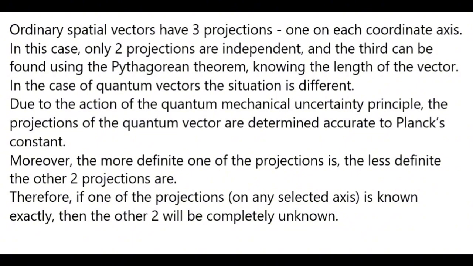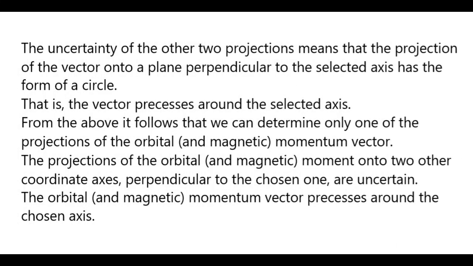Therefore, if one of the projections on any selected axis is known exactly, then the other 2 will be completely unknown. The uncertainty of the other 2 projections means that the projection of the vector onto a plane perpendicular to the selected axis has the form of a circle. That is, the vector precesses around the selected axis.